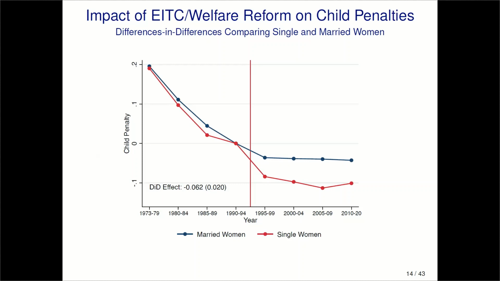So the assumption here is a parallel trend assumption in child penalties between married and single women. And I think Niels's concern is that there are these demographic changes. They're fine as long as they're impacting child penalty similarly over time for married and single women, but maybe there are some differences and that could have an impact.